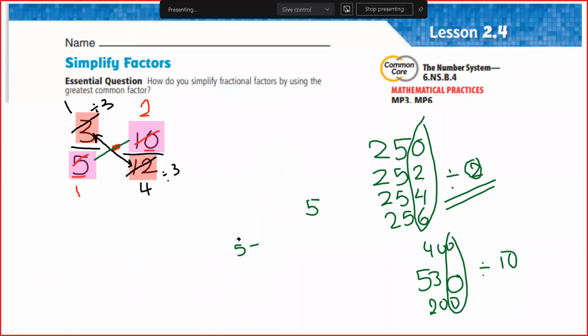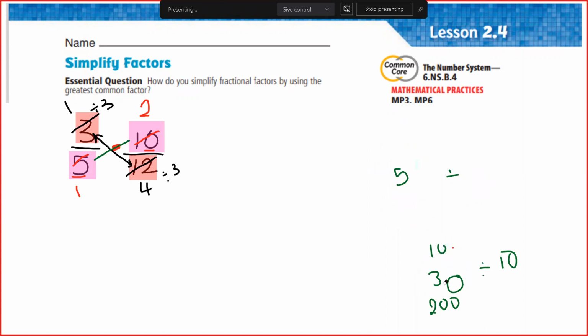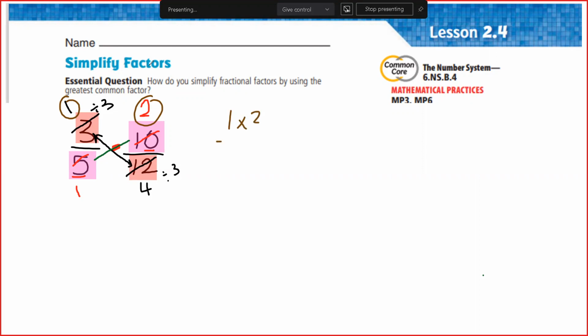Then after that, I will multiply now. 1 by 2 over 1 by 4. And I get the answer as 2 over 4.